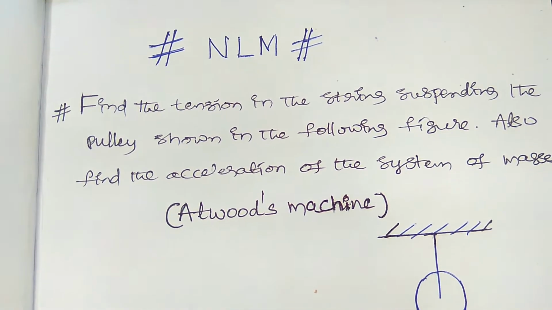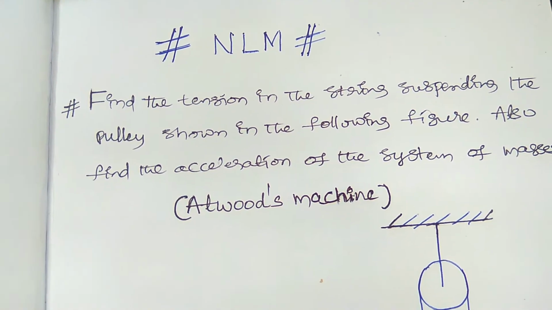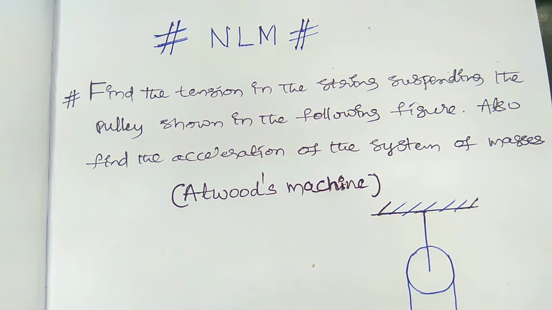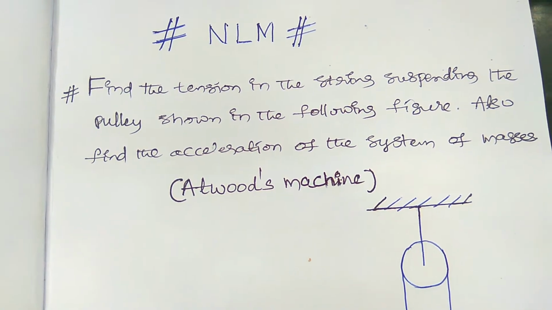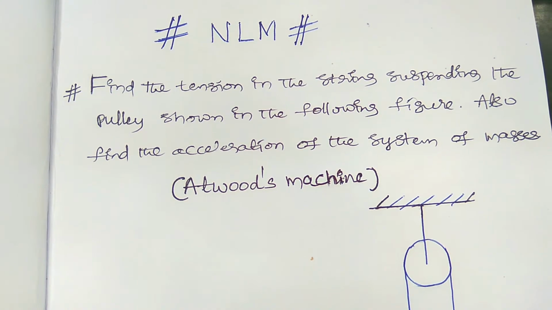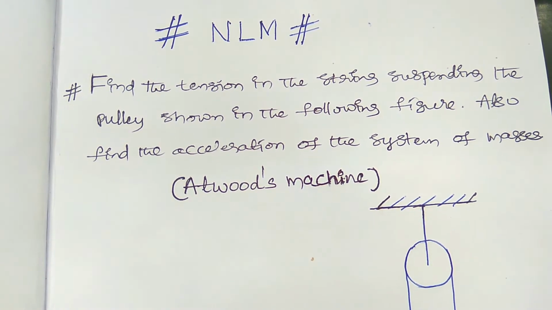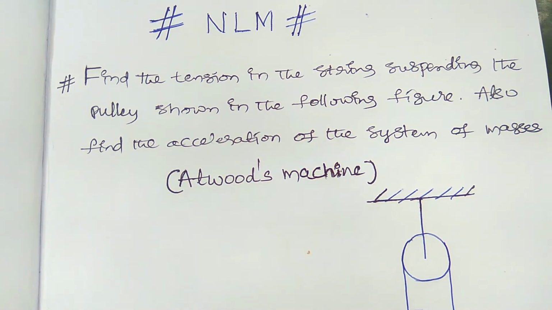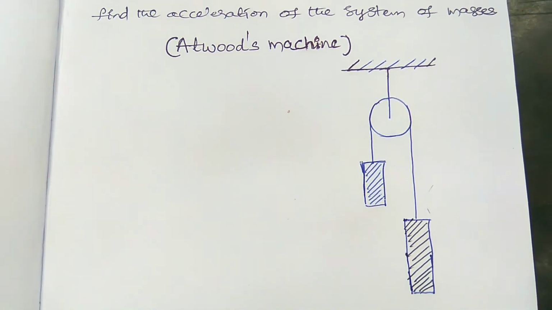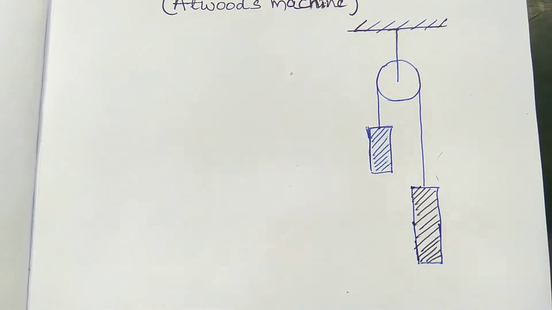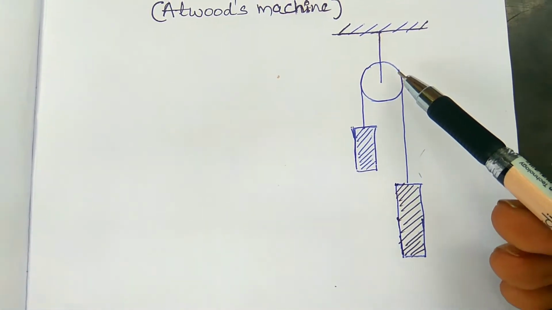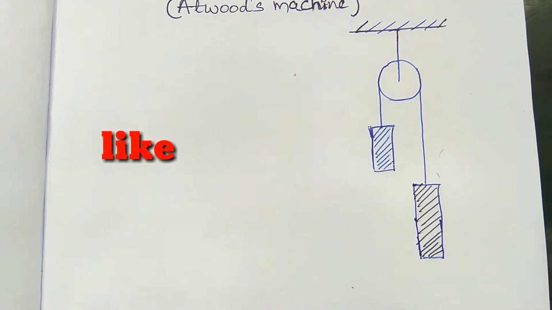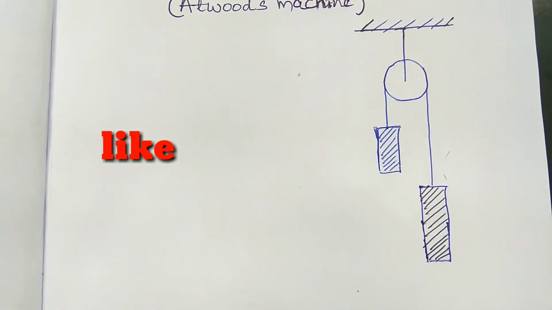Today in our video I want to explain Newton's laws of motion using the Atwood machine. Now we are finding the acceleration of the system and the tension forces acting on a string. The Atwood machine is a device in which two unequal masses are suspended by a string over a massless, frictionless pulley.